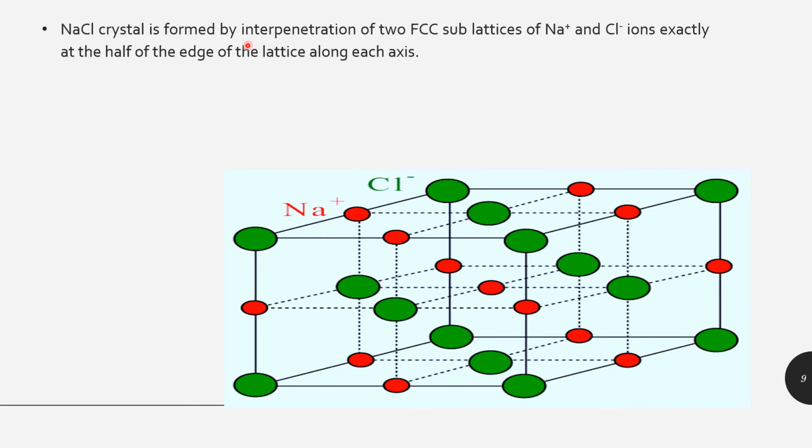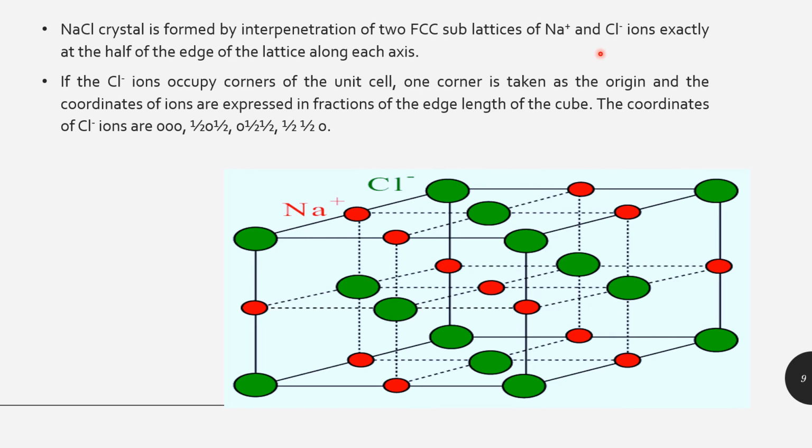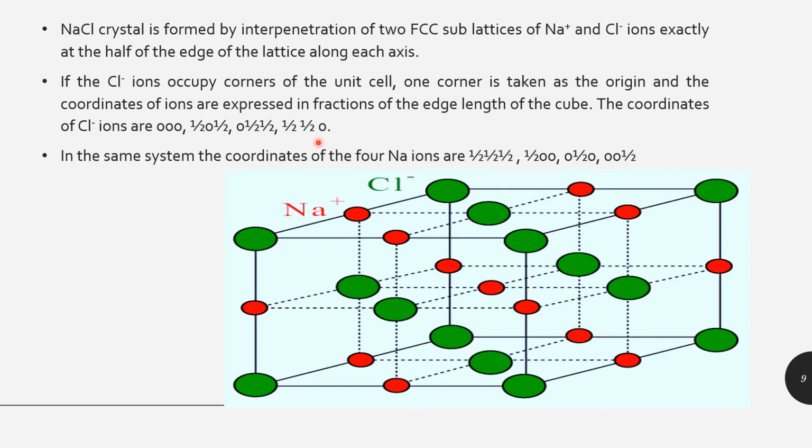So it is formed by the interpenetration of two FCC sublattices of sodium and chlorine. These are the coordinates of the chlorine ions and these are the coordinates of the sodium ions.